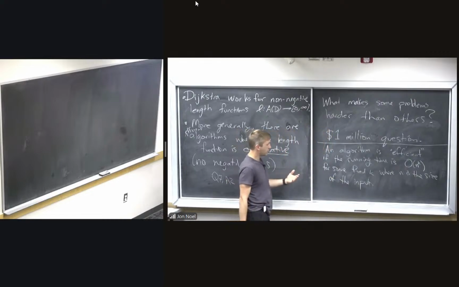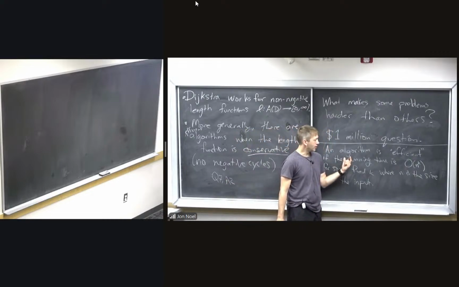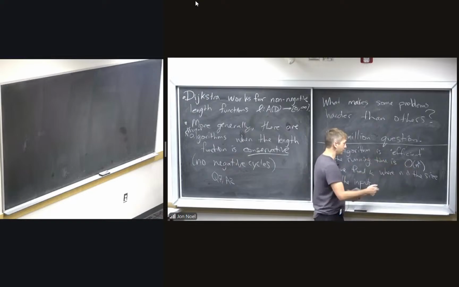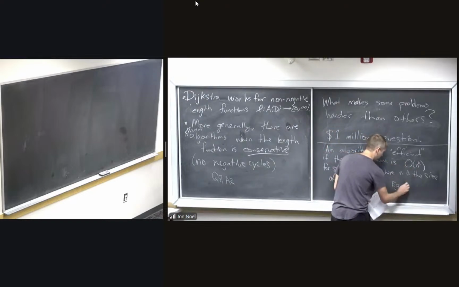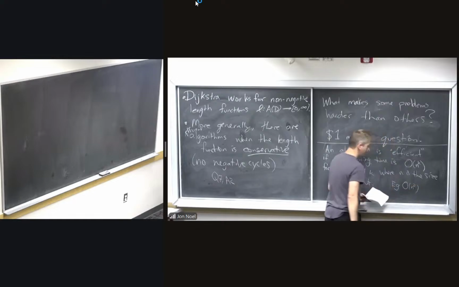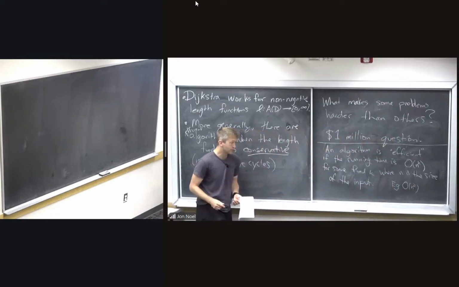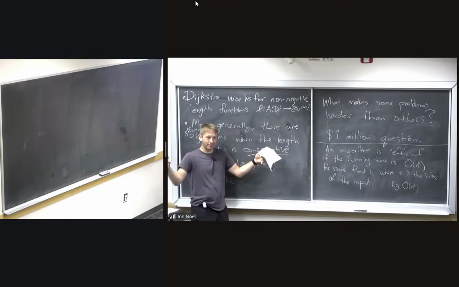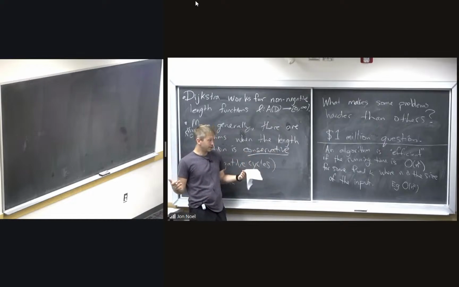But basically, we want the running time to scale up in a reasonable way when you grow the size of the input. For example, if you have a big O of n squared algorithm, suppose I have an input of size n, and now an input which is twice as big, 2 times n.